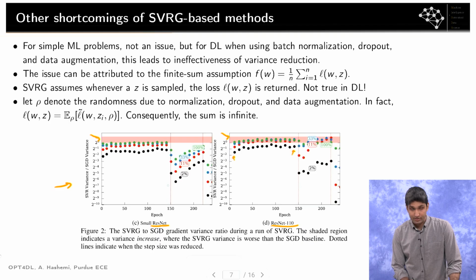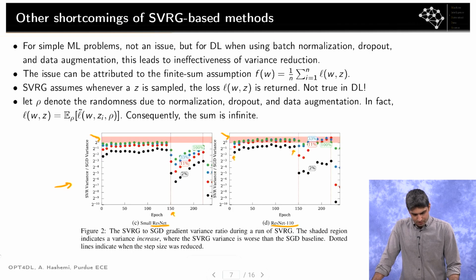However, when you reduce the step size at 150 epochs, then we see a reduction in the variance. So using learning rate tuning strategies that we've talked about before, such as exponential decay, etc., could actually help with mitigating this increase in the variance problem.